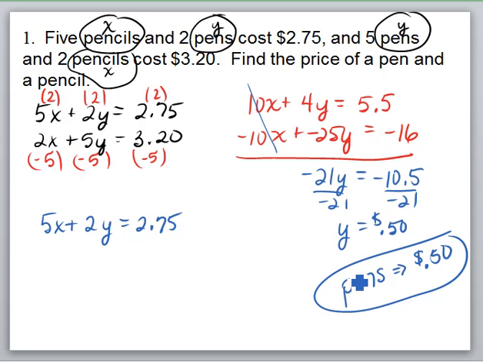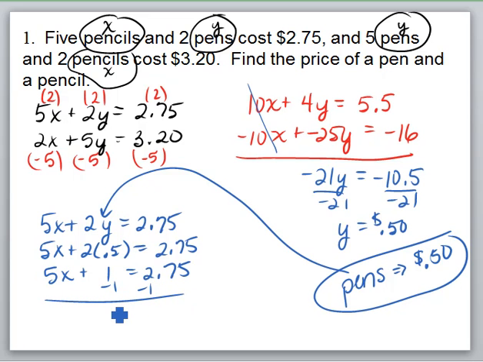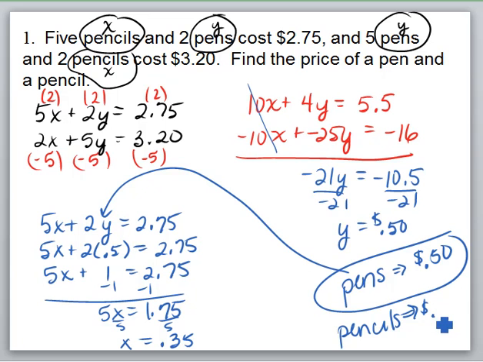The pens are the y values, so I'm going to do 5x plus 2 times 0.5 equals 2.75. 5x plus 1 equals 2.75. Subtract 1 on both sides. 5x equals 1.75. And then divide by 5 on both sides, and x is 35 cents. So that means my pencils cost 35 cents each.